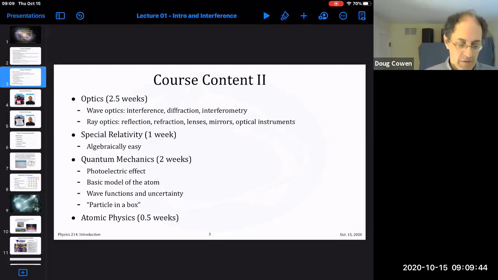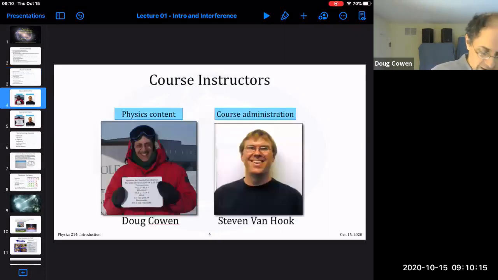And finally, as a model that proves to be very useful for understanding how the Schrödinger equation works and how quantum mechanics more generally works, we'll use something called particle in a box. And finally, at the very end, we will talk about atomic and probably also nuclear physics, choosing a few topics from those subjects that are pertinent to quantum mechanics.